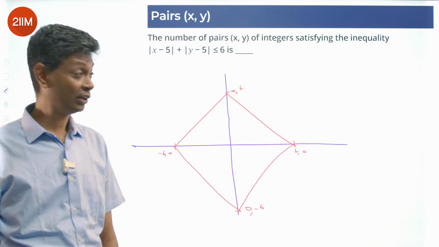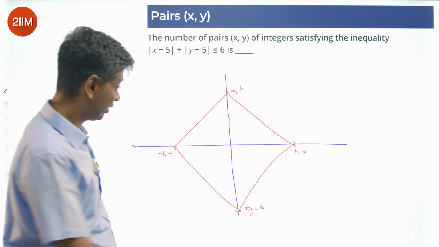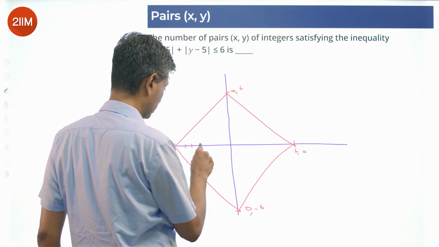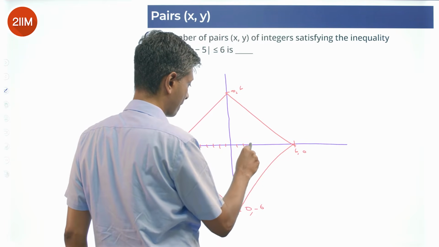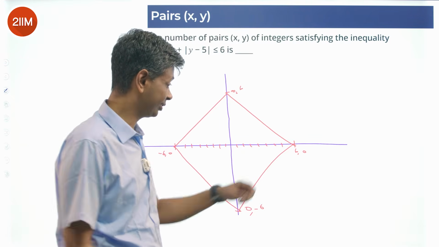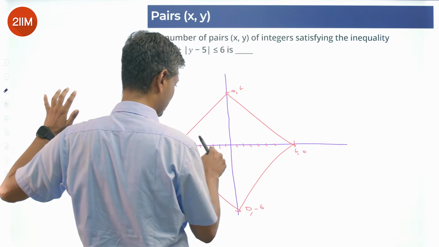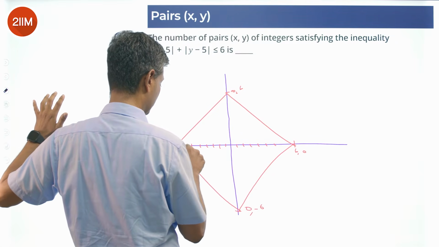All integer values, integer pairs sitting inside here. So we can say when this is 0, all of these values inside. 1, 2, 3, 4, 5, 6. 1, 2, 3, 4, 5, 6.